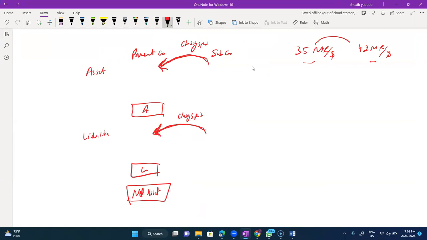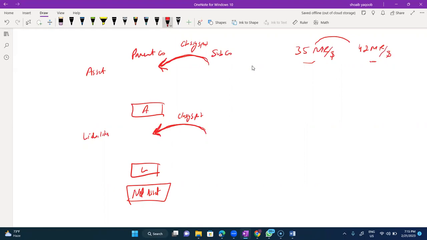There can be two possible solutions. Number one solution is to take the maximum amount of loan in that currency. Why? Because if you convert the assets of the subsidiary, you will face a loss, but if you convert the liabilities of the subsidiary, you will get a gain. So number one is to take the maximum amount of loan in the subsidiary currency.